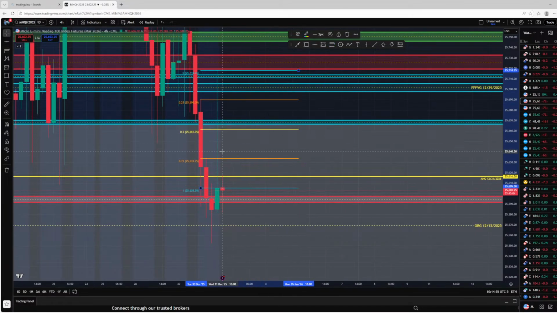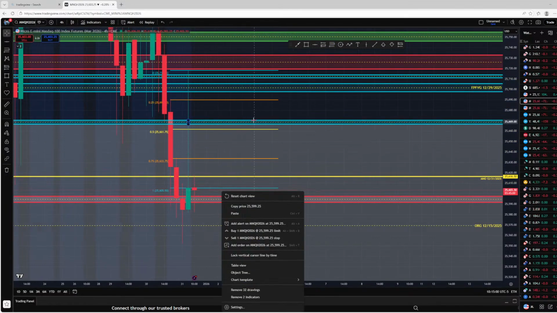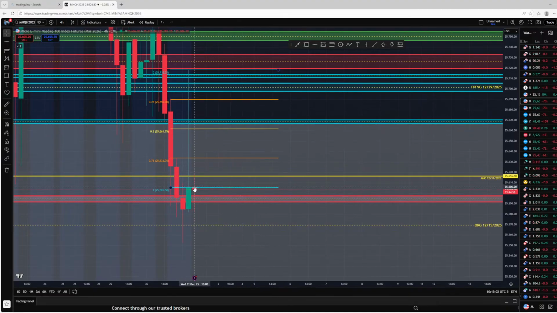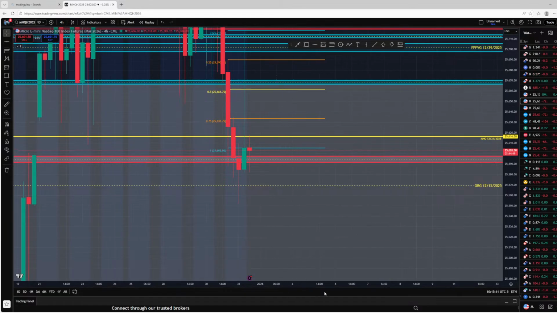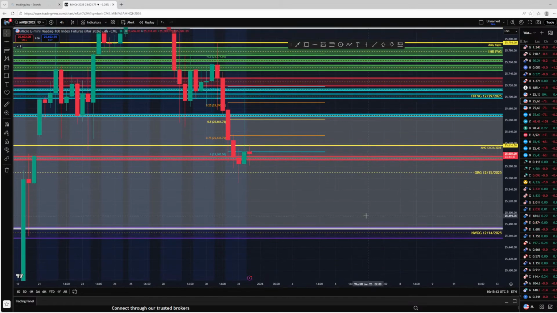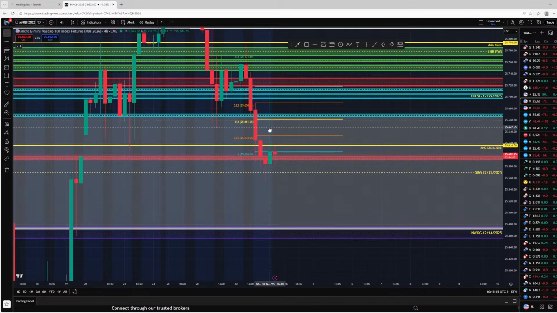Right, so now this wick right here is annoying because this wick can pull price back up. Price could want to consolidate for the next hour and a half or something like that, and then we could maybe see an afternoon sweep on liquidity that could just bring this market all the way down. So I don't really like this wick being right here.